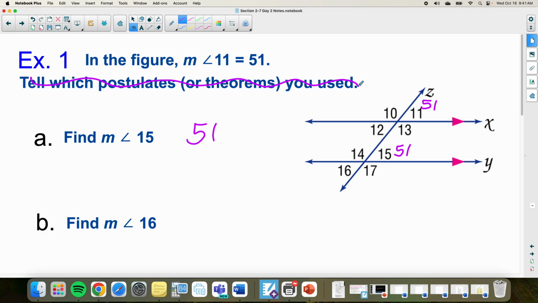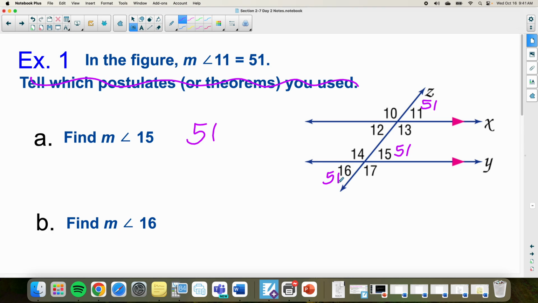Then they ask us to find the measure of angle 16. Now, from what you guys know, think of just these 4 angles. Do we know something about 15 and 16? They are vertical, right? And what do we know about vertical? They're the same. So this would be 51.